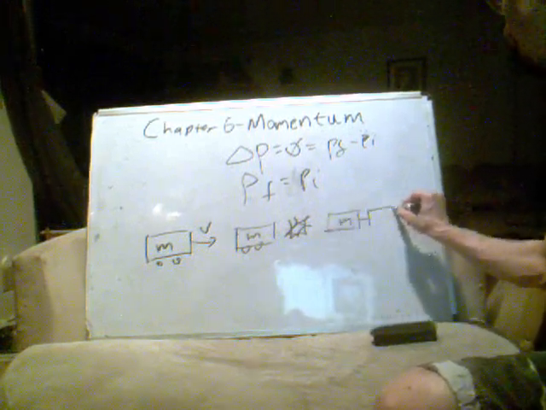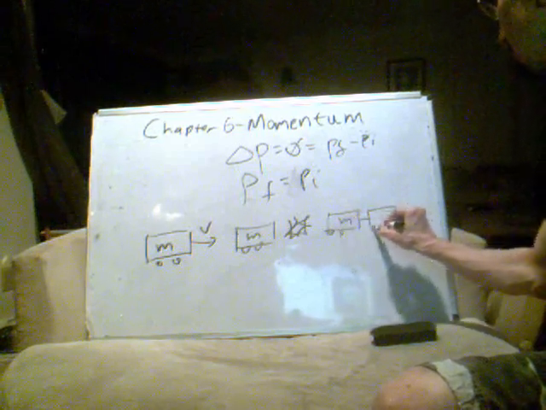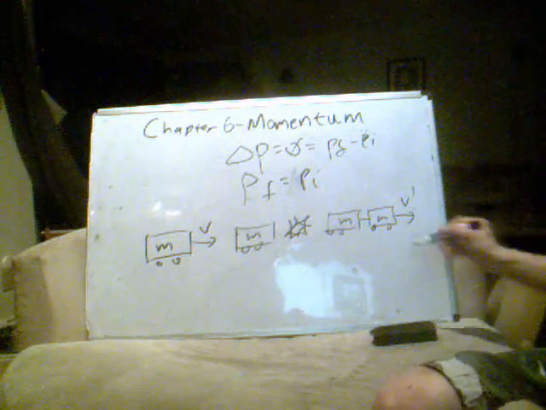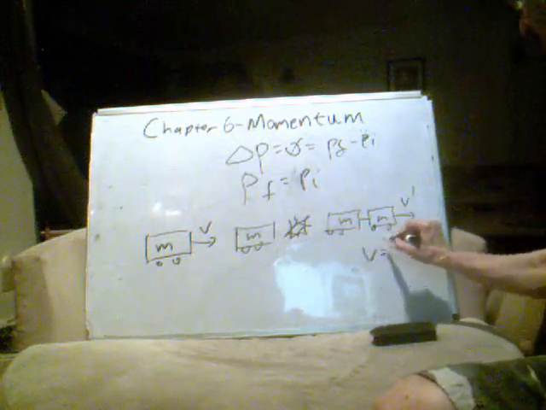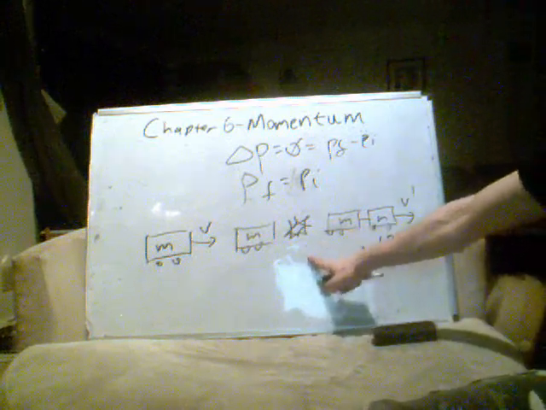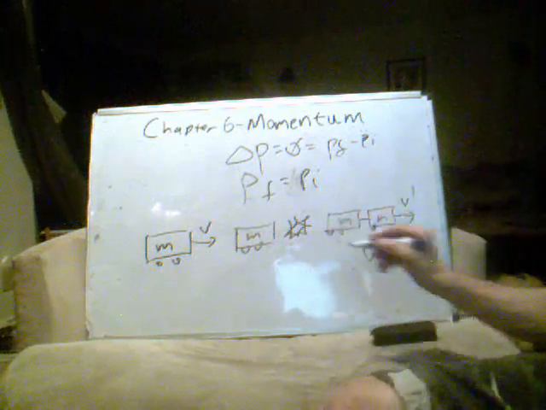So when they hook up together, they're going to move off with velocity v prime. How big is v prime? Well, we can use conservation of momentum to try to figure that out. Okay?